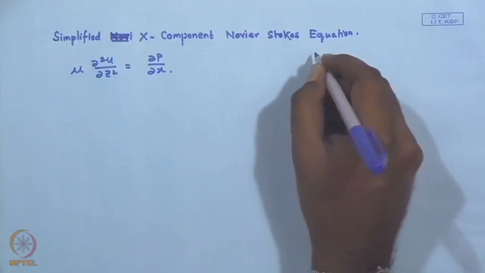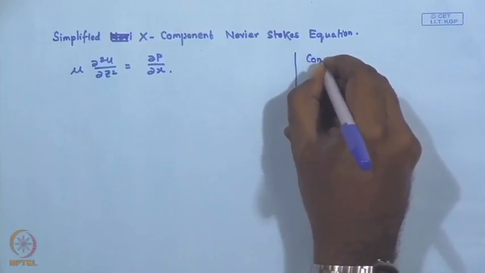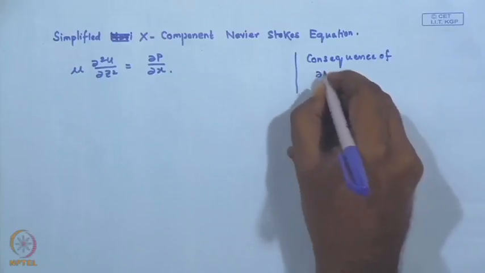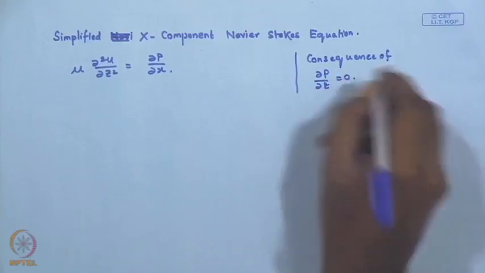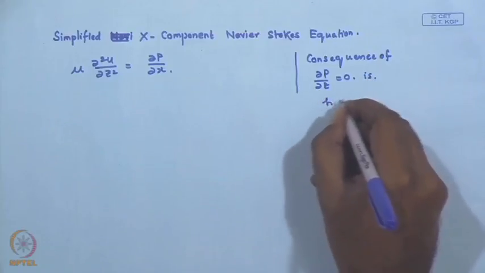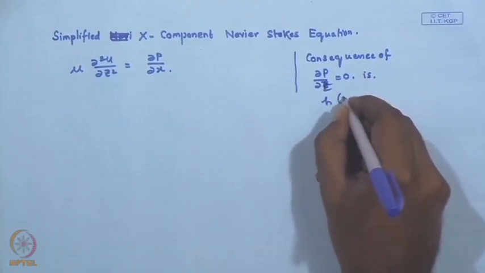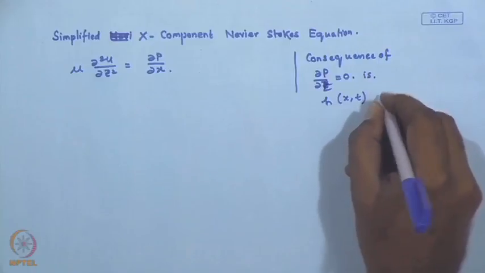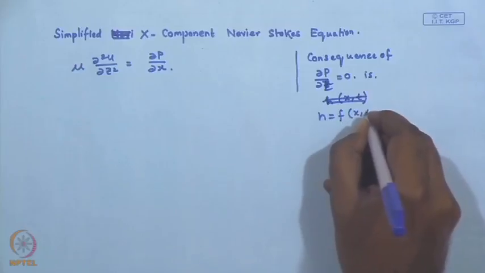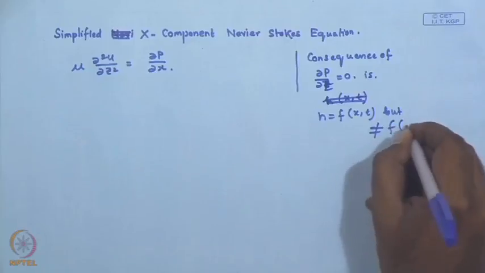So, the other thing that I would just like to highlight before I move further, sorry, I forgot to mention it, is the consequence of del p del z equal to 0, which is that h is a function of x and t but not a function of z.